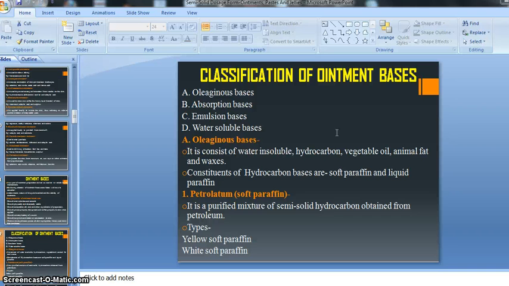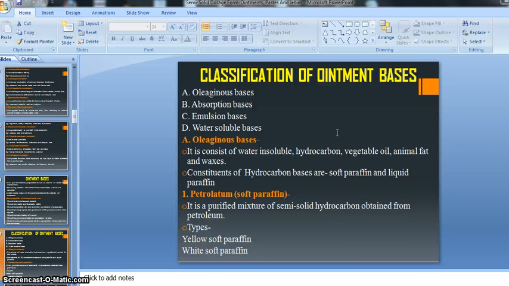Don't confuse ointment and ointment bases; these are two different things. Ointment is our preparation, our dosage form, but the ointment base is a part of our ointment, so don't get confused between ointment and ointment base.